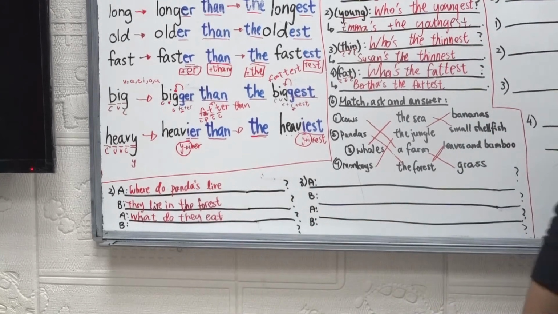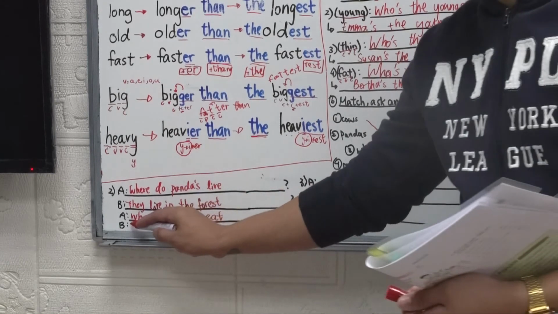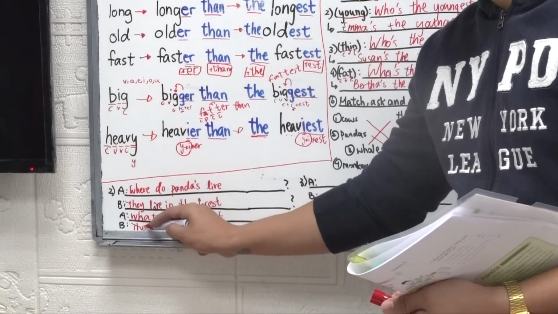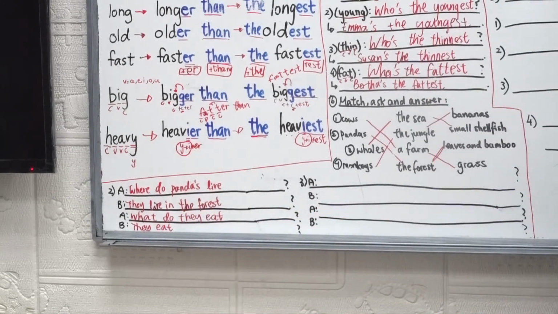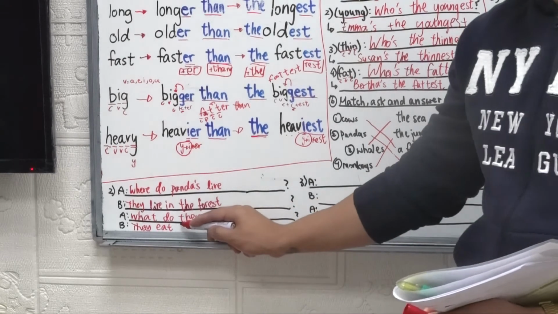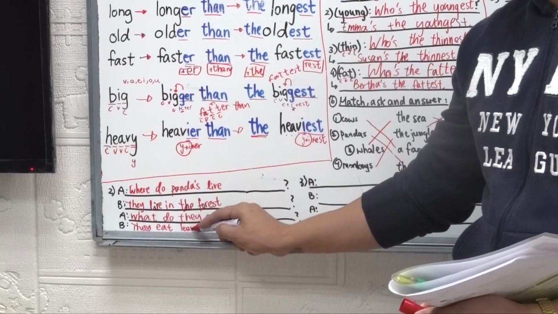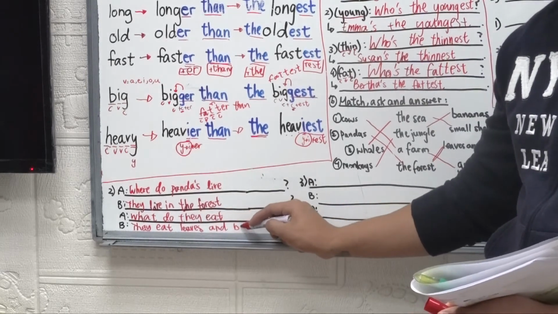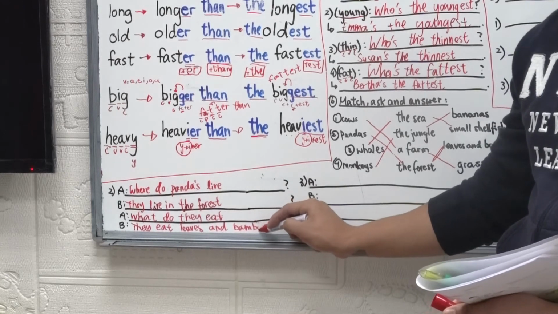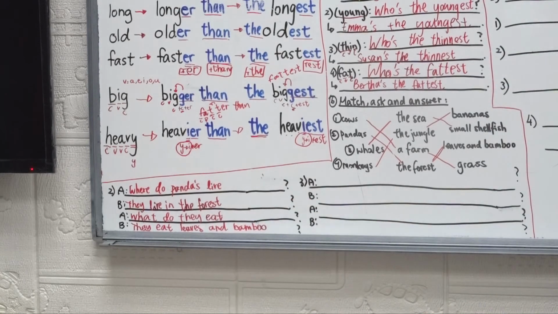And then you answer the question. They eat leaves and bamboo. Leaves, L-E-A-V-E-S, and bamboo. They eat leaves and bamboo.